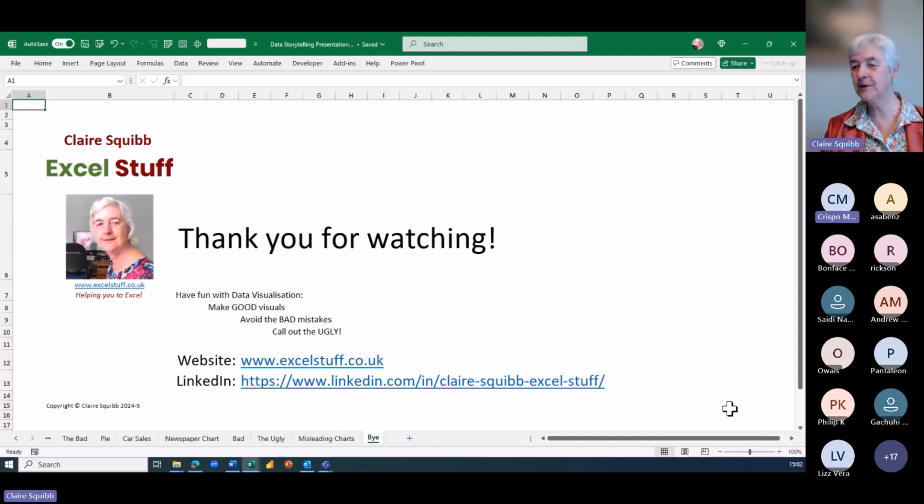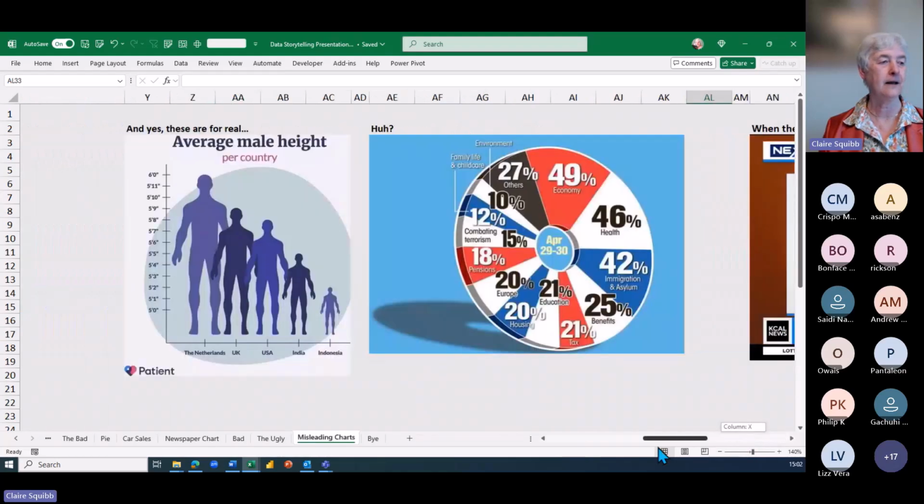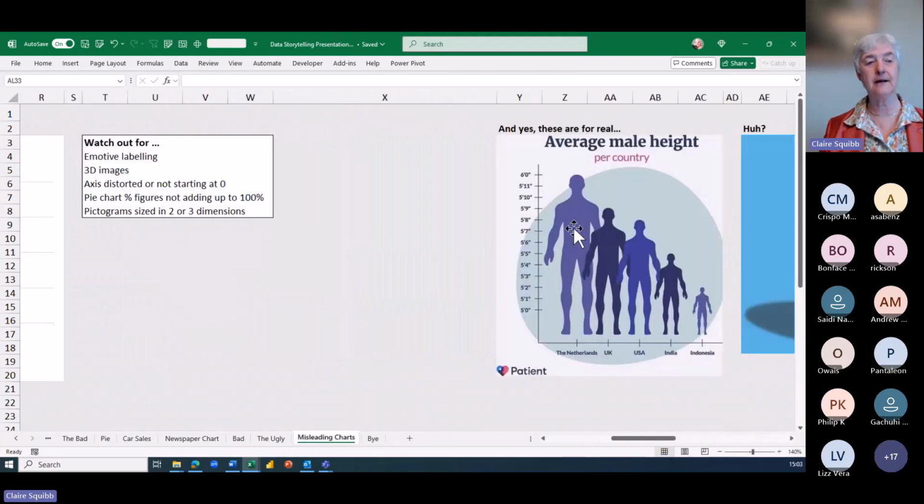The ones with humans of different heights, that's actually quite an interesting one. They've taken a graphic and resized it to go to the right place on the axis. Possibly they've done it by putting in a transparent bar and filling it with the picture of that icon.